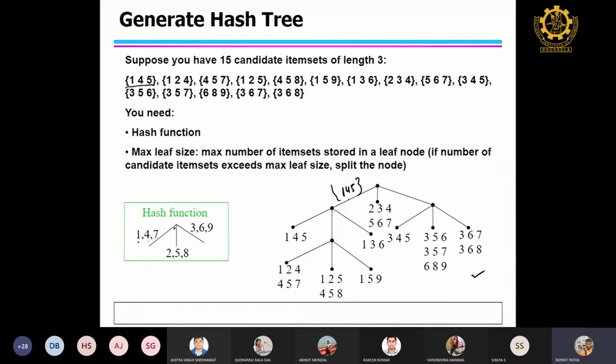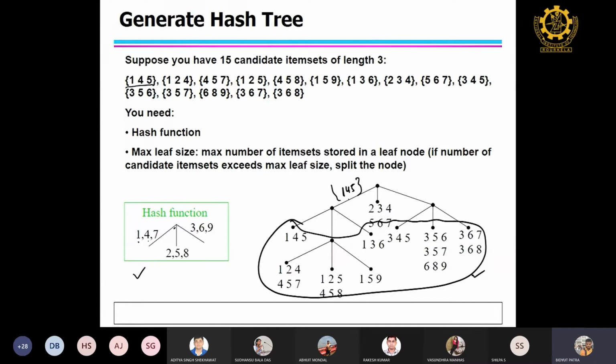These are the item sets here, and this is the hash function. If any item set starts with 1, it must move to the left side. So let's say here 145 on the left side. Consider this is not there, so we have only 145 on the left side.